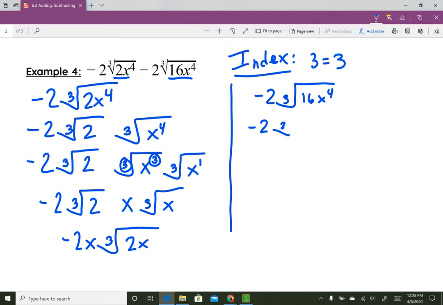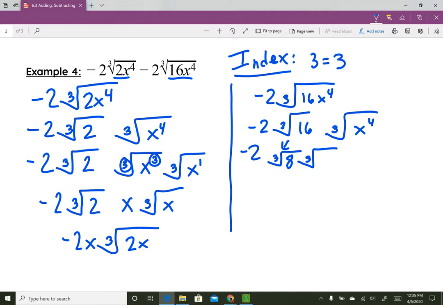Negative 2 cube root of 16, cube root of x to the fourth. All right, so negative 2. Let's split up the cube root of 16. So what's a perfect cube that goes into 16? Think about that, right? Perfect cubes. What's 2 cubed? Well, 2 cubed is 8.